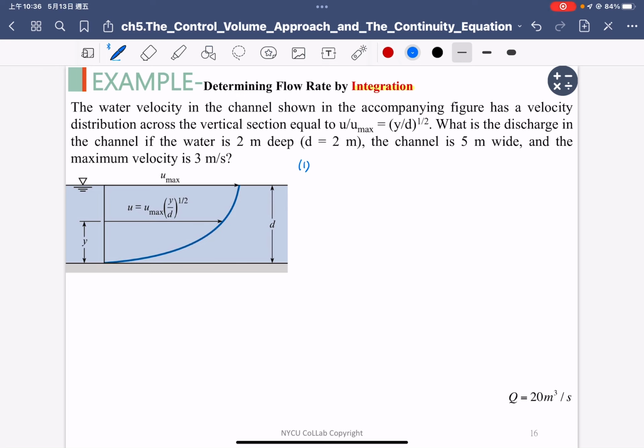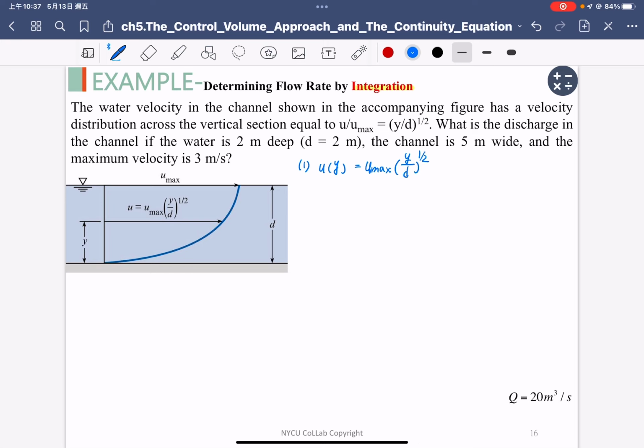We write down the velocity profile as a function of y. That indicates that at different y positions, the point has a different velocity, which equals u maximum times (y divided by D) to the power of 1/2.